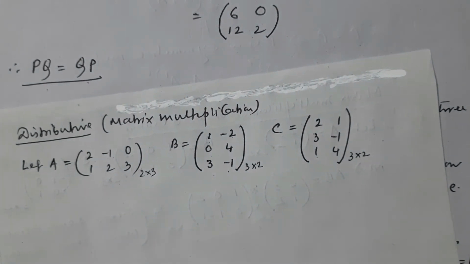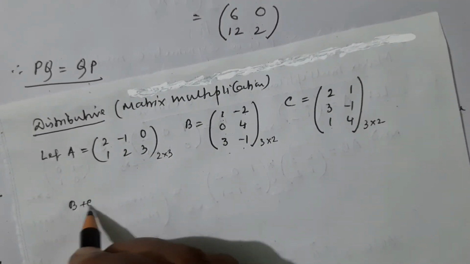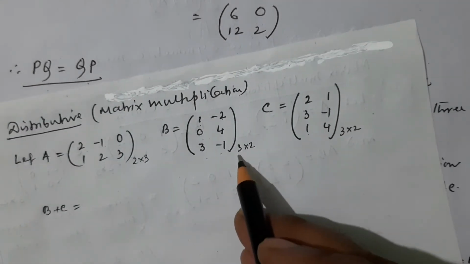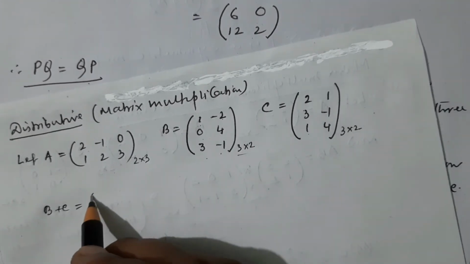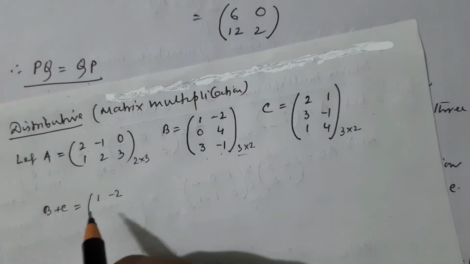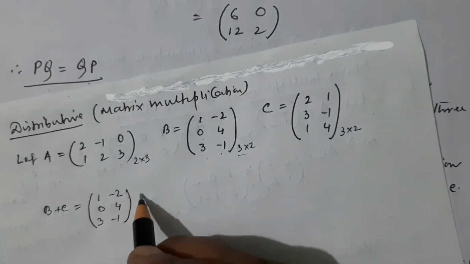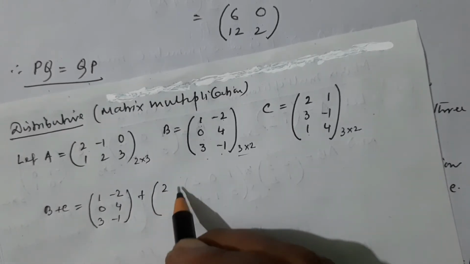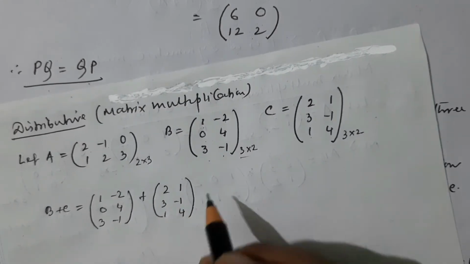So at first we add B plus C. The order of the matrices is the same, so we can add these two matrices.